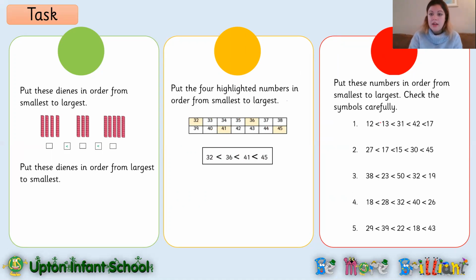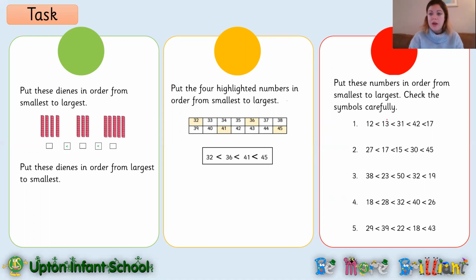Okay, and then if you want to do the red challenge, you have a list of number sentences here, and you need to put them in order from smallest to largest. You will see on your red screen, you then have to do the same activity, but putting the numbers in order from largest to smallest.